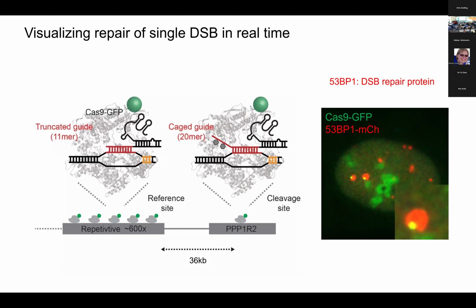So he introduced another truncated RNA, which has only 11 nucleotides in the guide RNA, so it can form stable binding but won't perform cleavage. He used this truncated RNA to target a repetitive site that is 36 kb away from our actual cut site, so we can use it as a reference site. It forms a bright puncta on the fluorescent microscope.